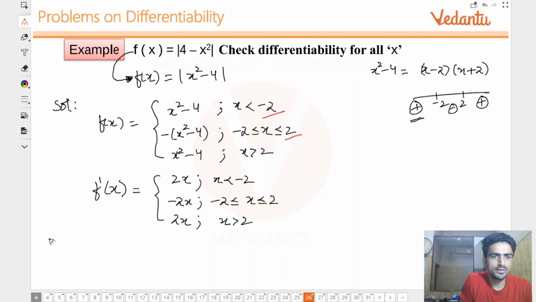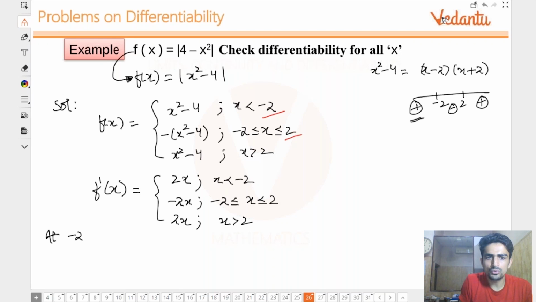Guys, if you see at -2, my left hand derivative is -4, my right hand derivative is +4. Clearly they are not equal, so not differentiable at -2.